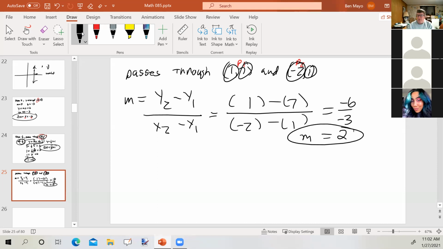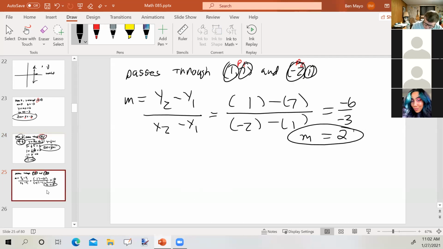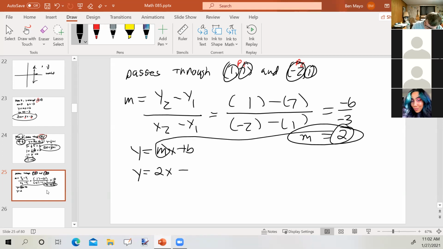Okay, so now I know the slope, but I don't know the y-intercept yet. Well, this now is kind of like this problem we did where we had the slope and a point. Now we've got the slope and 2 points. So using y equals mx plus b, 2 goes in the place of m, y equals 2x plus b. I have 2 ordered pairs up here, (1, 7) and (-2, 1). I can use either one of them, but I have to use just one.